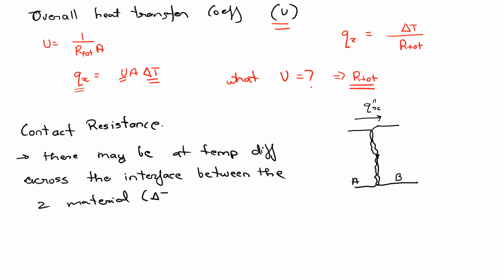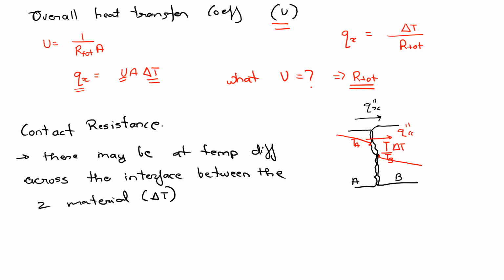Okay, so there will be some delta T. So let's say the temperature at this interface is TA and the temperature here is TB. Okay, and let's say we have a thermal gradient like this here and like this here, and that's our delta T.